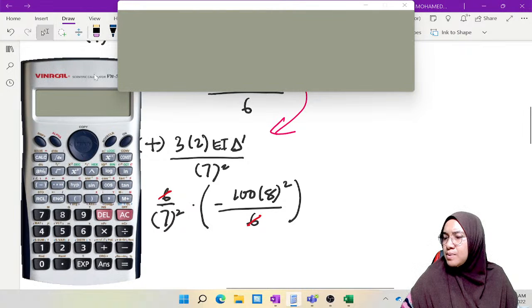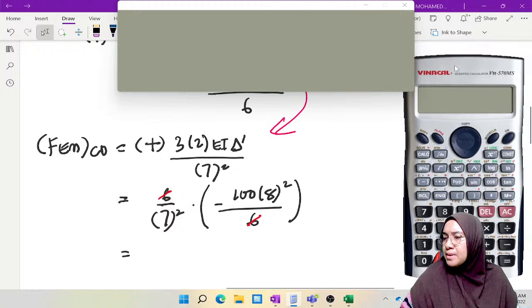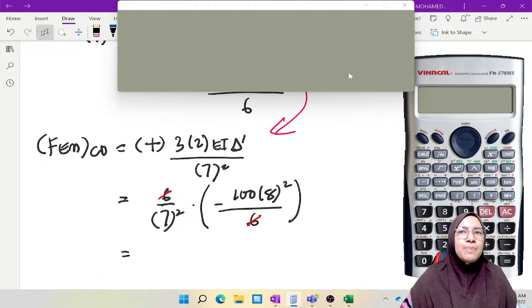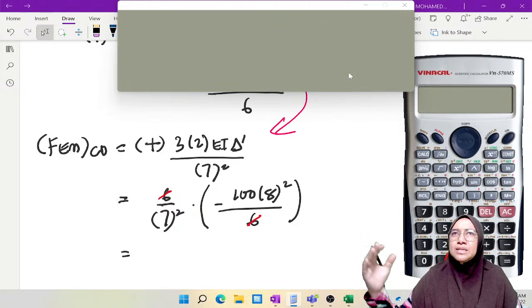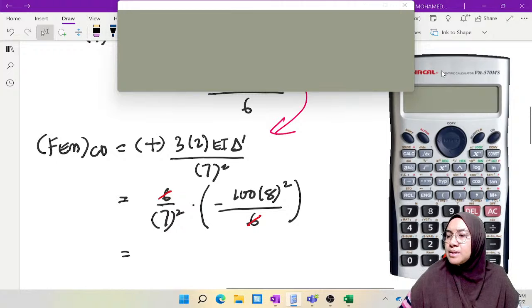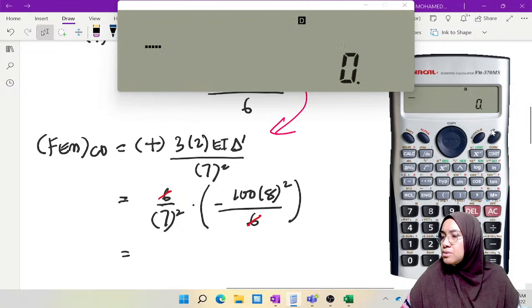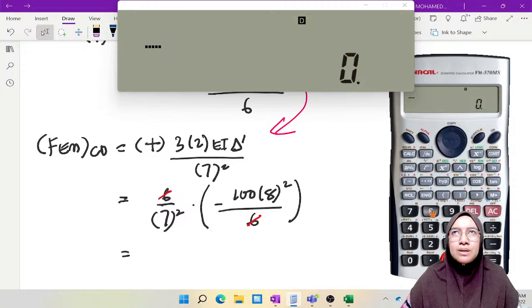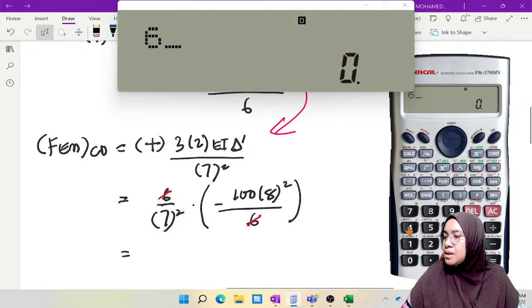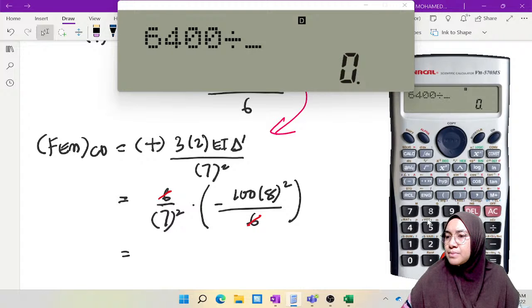Of course, it will be negative because AB and CD can move in the same direction. Same direction happens here, but not for settlement; settlement will be one negative, one positive. So it is 8 square, 8 times 8, 64. 6400 divided by 7 times 7, 49.